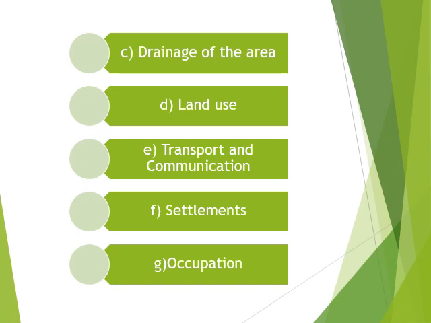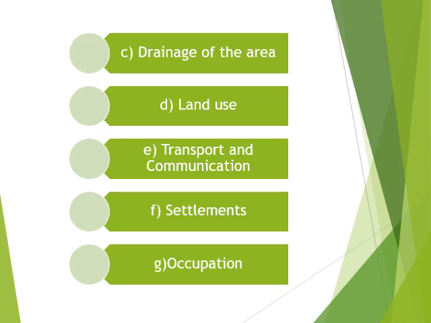Next is the drainage of the area, the important rivers and their tributaries and the type and the extent of valleys formed by them. The land use includes the use of land under different categories like natural vegetation and forest, agricultural orchard, wasteland, industrial area, etc. Facilities and services such as schools, colleges, hospitals, parks, airports, electric substations, etc. Transport and communication.